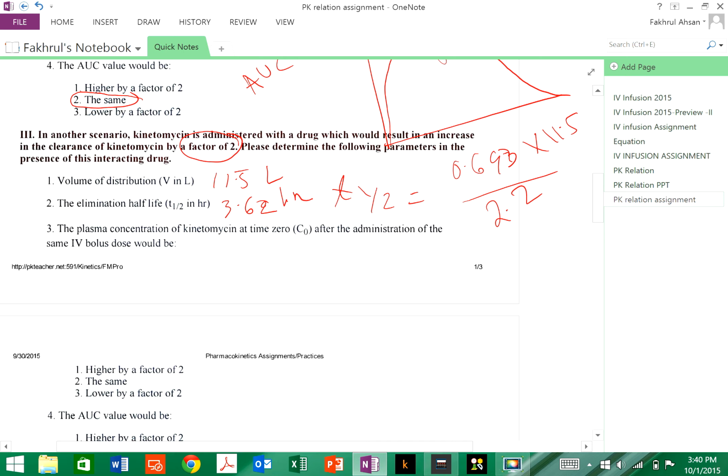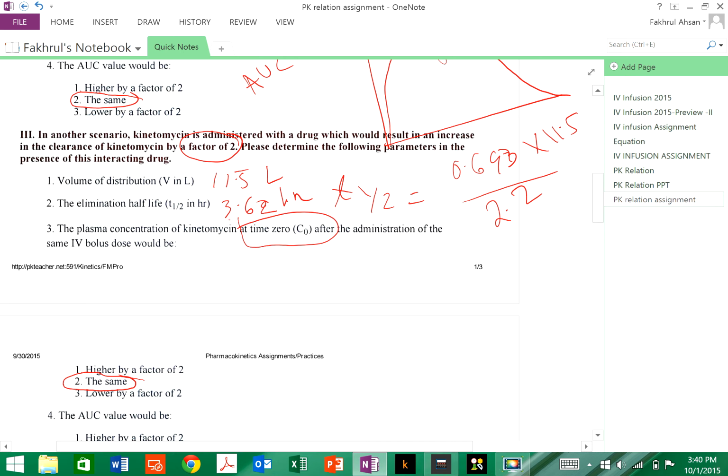So what is going to happen to the plasma concentration after administration of the same bolus dose? Is it going to be higher by a factor of 2, the same, or lower by a factor of 2? We know that plasma concentration is not related to clearance. Plasma concentration is related to volume of distribution, so it is not going to change. When we mean plasma concentration, it is the initial plasma concentration.